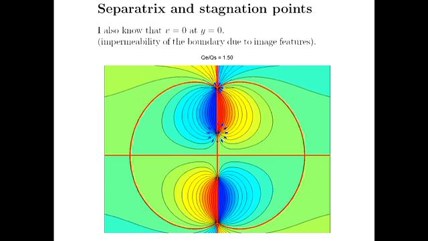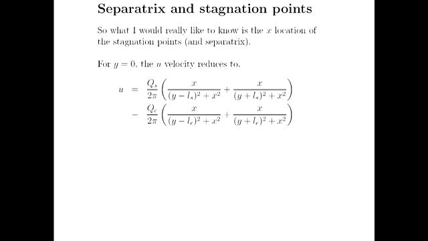But we kind of knew that anyway. That was the whole point of us putting the image features in the flow, those reflected features. So now all I've got to do is substitute y equals 0 into my equation for the horizontal component of velocity, that equation for u, and then solve that for x locations where u is going to be equal to 0. So I just substitute.